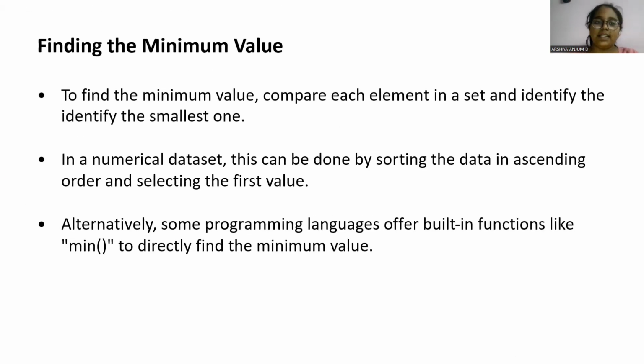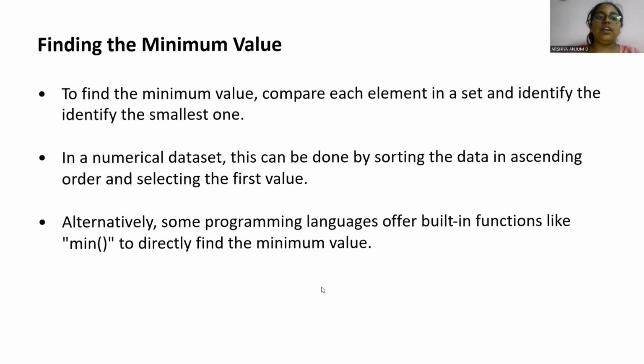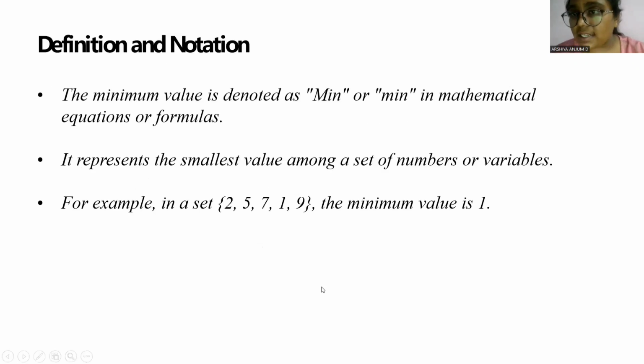In a numerical data set, this can be done by sorting the data in ascending order and selecting the first value. If it is numbers, we can arrange it in ascending order and select the first number, or arrange it in descending order and select the last number. Here 2, 5, 7, 1, 9.